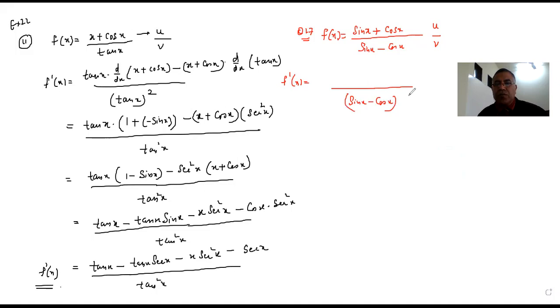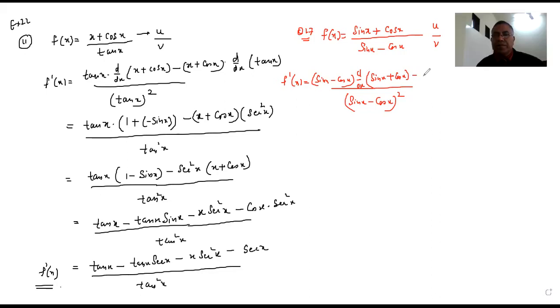So (sin x minus cos x) whole square, v square, then sin x minus cos x as it is, derivative of sin x plus cos x, minus sin x plus cos x as it is, derivative of sin x minus cos x.